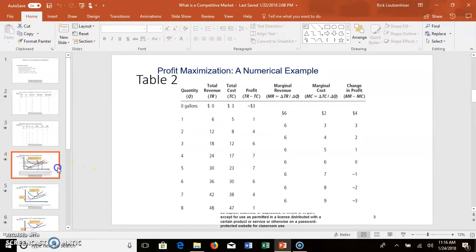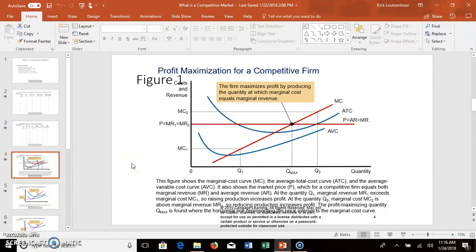Now, that all can be shown on the curves. We have here the typical cost curves that we've studied in the last chapter, and we're overlaying on that the demand line for a competitive firm. Since they can't do a thing about the price, it is constant all the way across. That's actually their demand curve. Where they want to operate, we learned from the previous table, is where marginal revenue is equal to marginal cost.